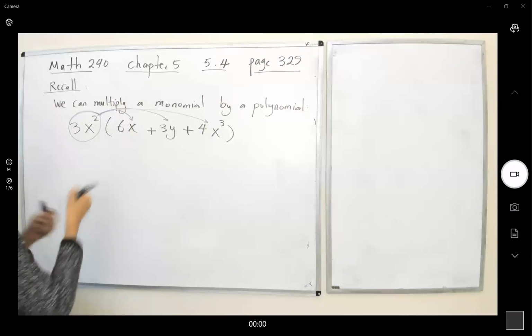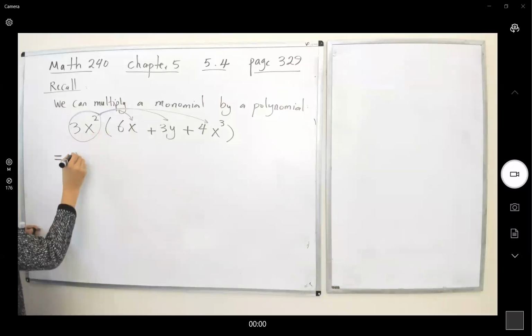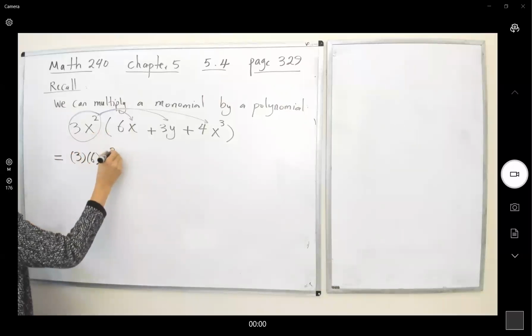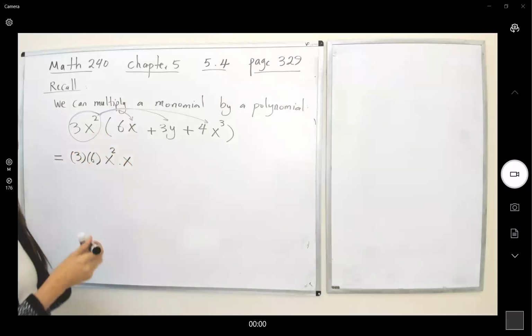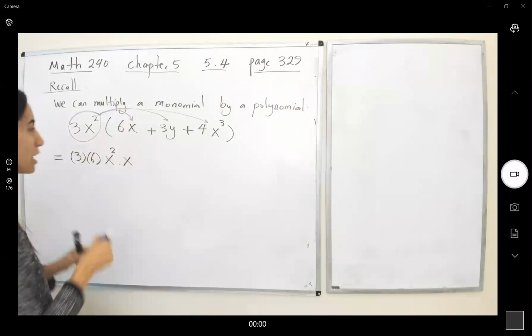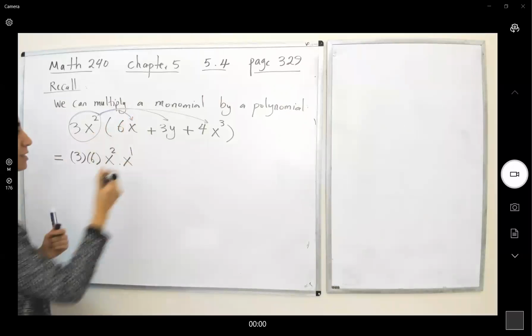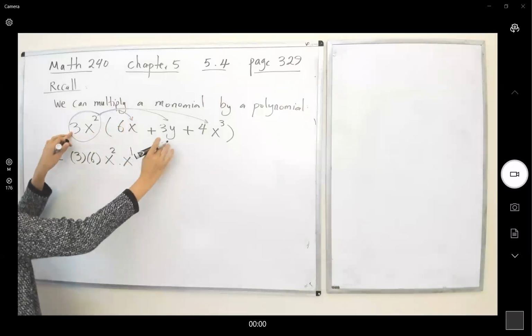There you go. You have 3 times 6, x squared times x. Remember that x with no exponent means that the invisible exponent is equal to 1. There you go. Plus 3 times 3.